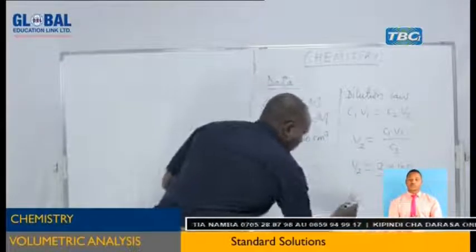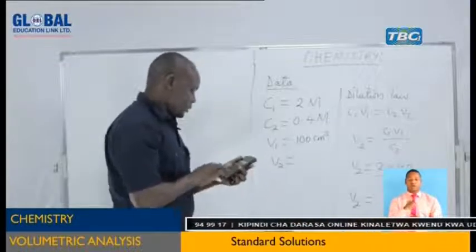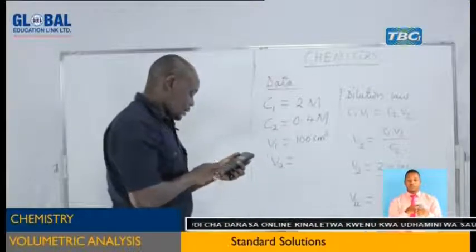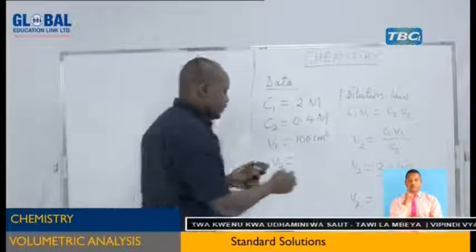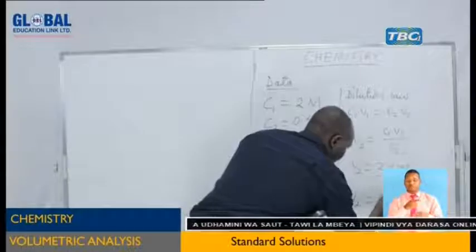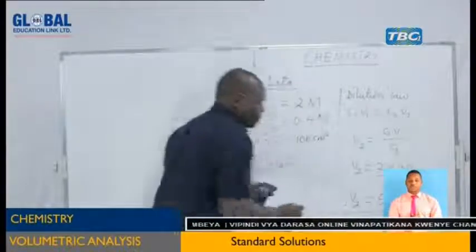So if we use your calculator, that will be 2 times 100, then divide by 0.4. The answer is 500. So V2 will be 500 cubic centimeter.